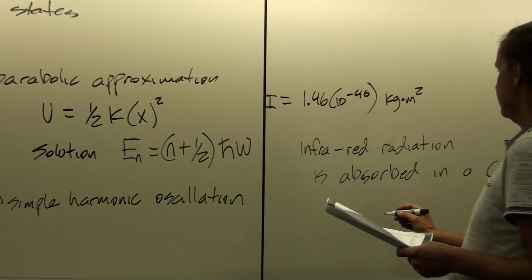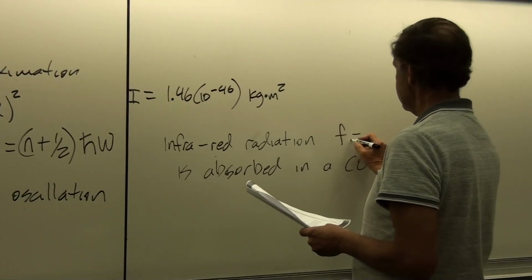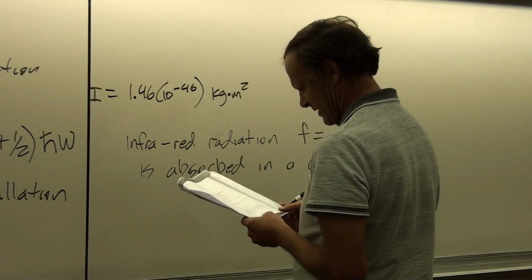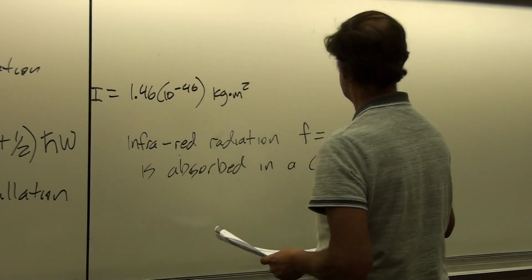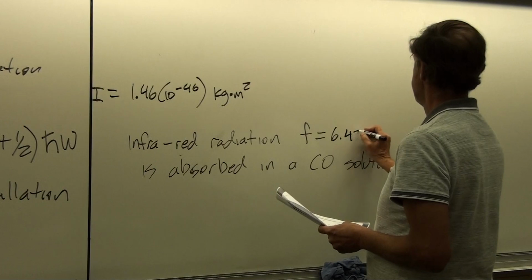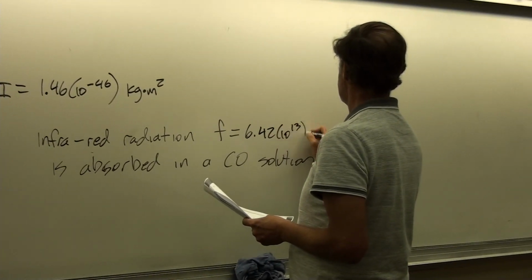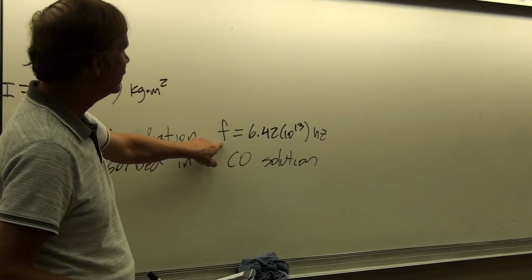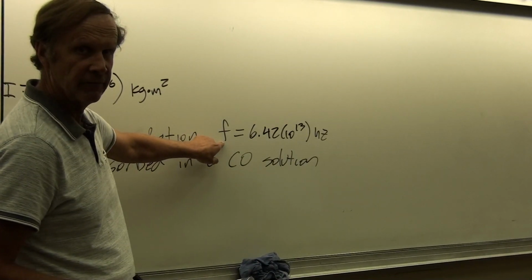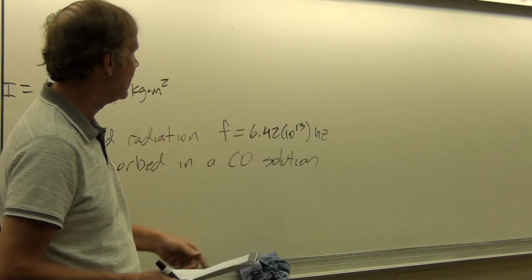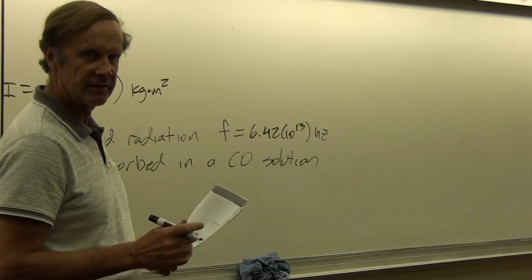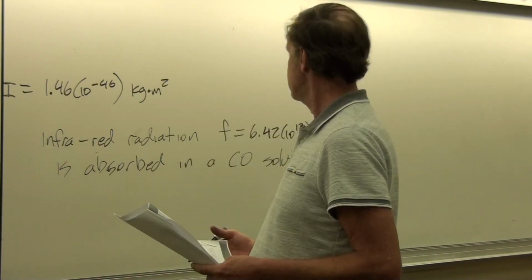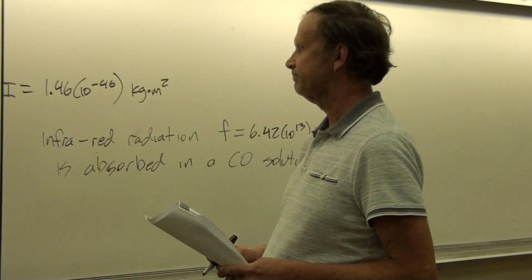Okay, and so this radiation has a frequency of 6.42 times 10 to the 13th power. Now, microwave radiation is more like 10 to the 10th power for the frequency. So this is 1,000 times more when we get into infrared than what we have in a microwave oven in terms of the energy of the individual photons.